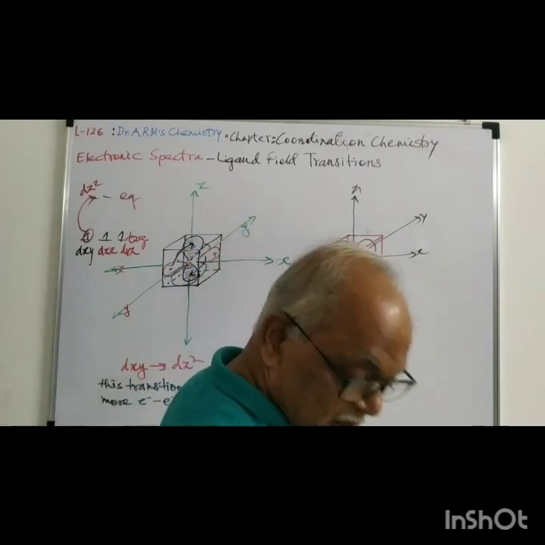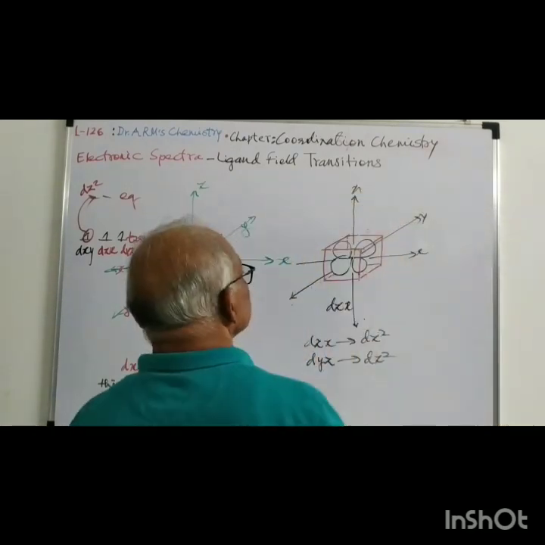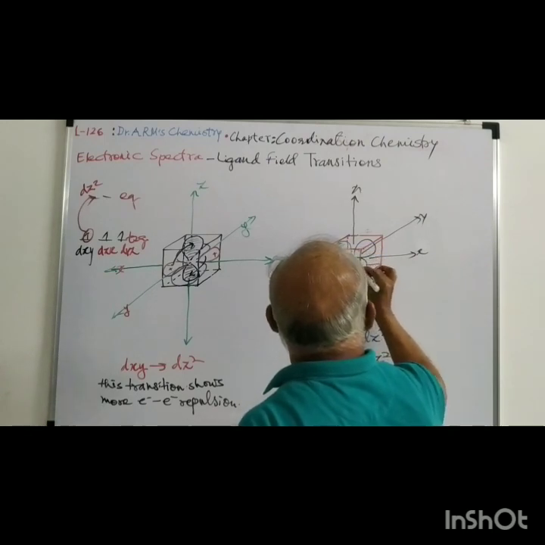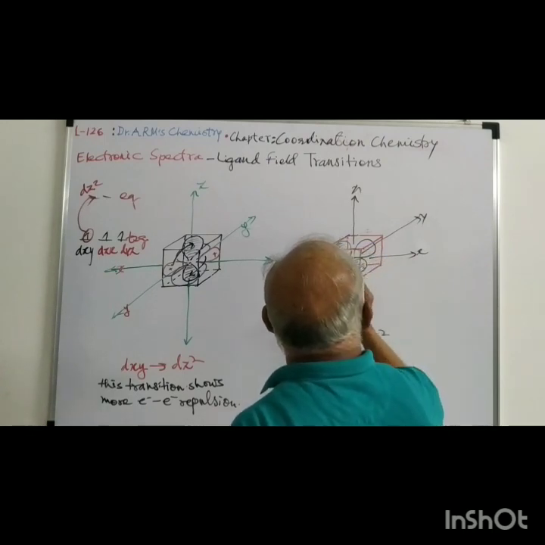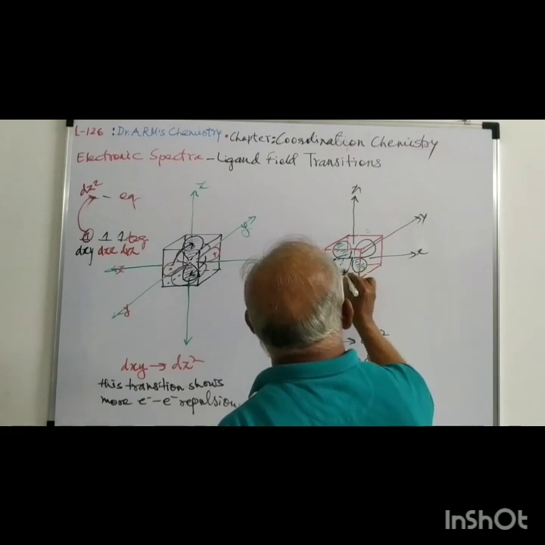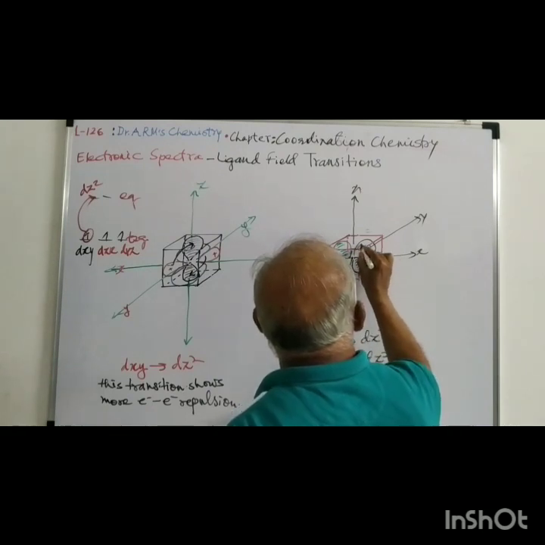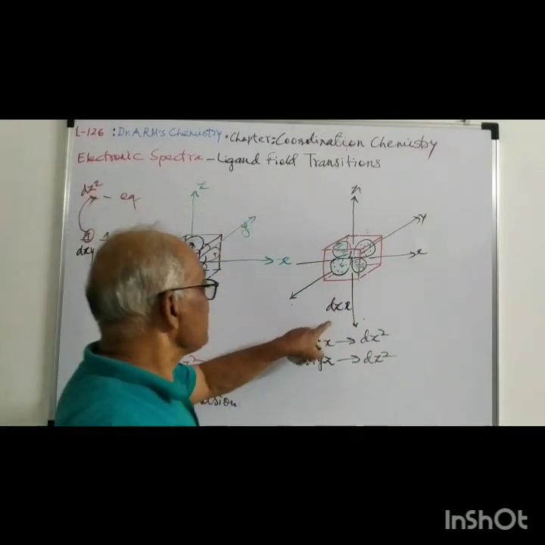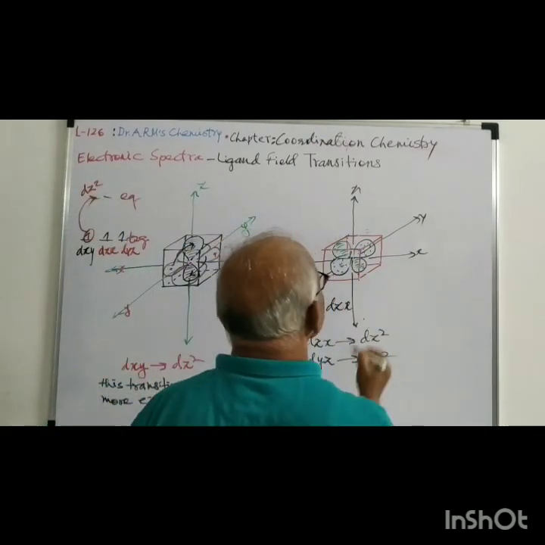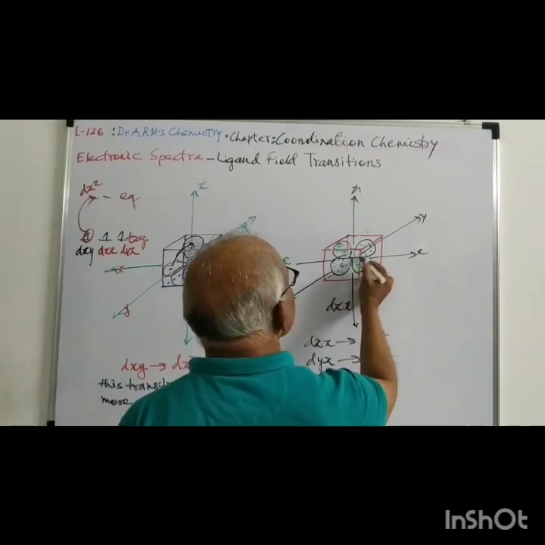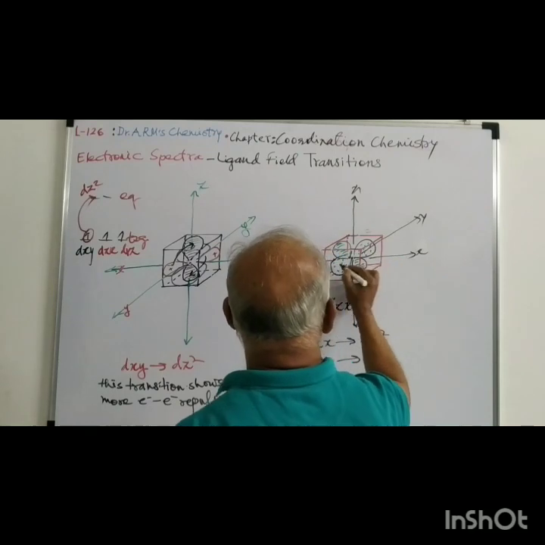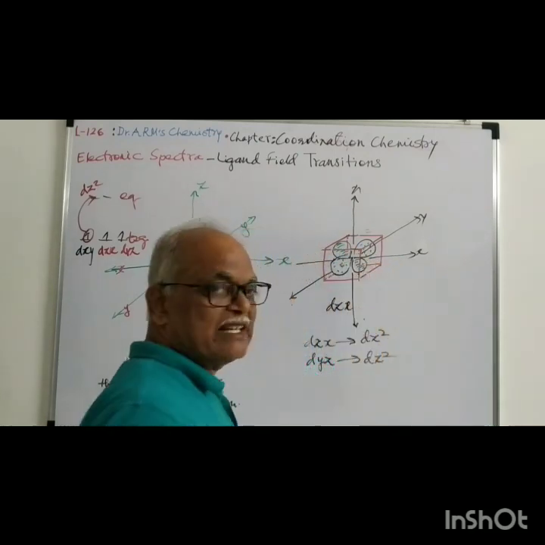Now we can consider these orbitals. So the green colored orbitals indicate the dzx orbital. The opposite lobes have, say, a plus sign of the wave function, and these have a minus sign of the wave function.